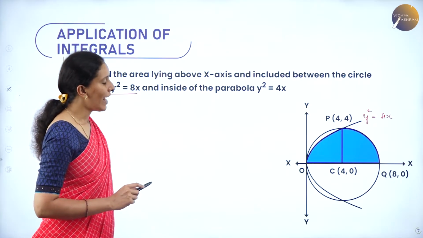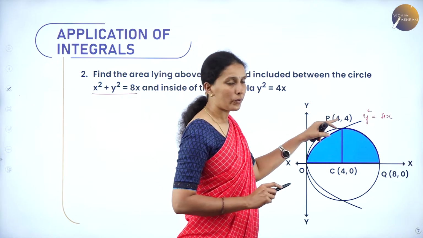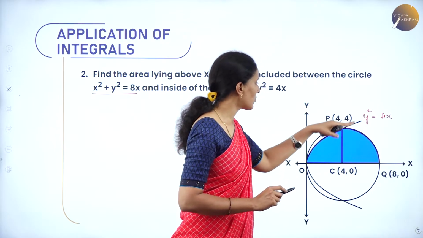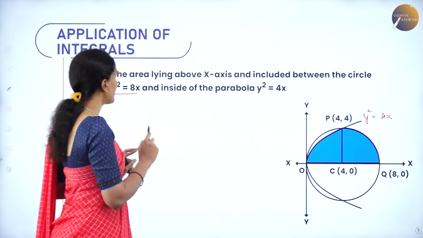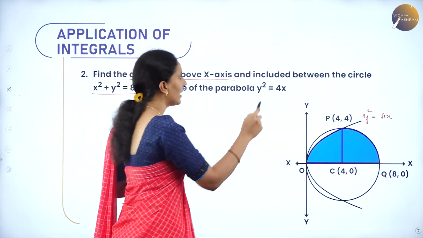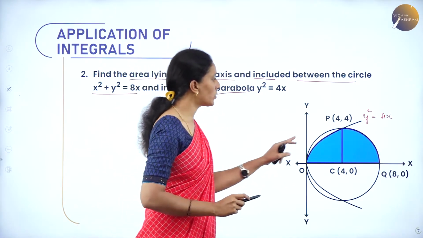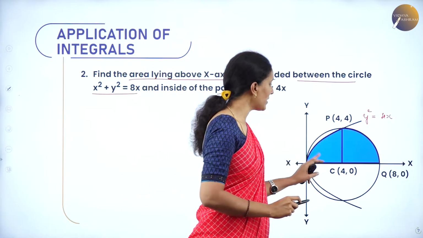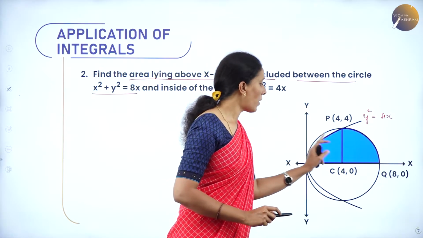Now we have the region above the x-axis bounded by the circle as well as the curve inside the parabola. Clearly they have said the area lying above the x-axis and included between the circle and the parabola. So between the circle and the parabola means this is the shaded region which represents the area bounded by these curves.